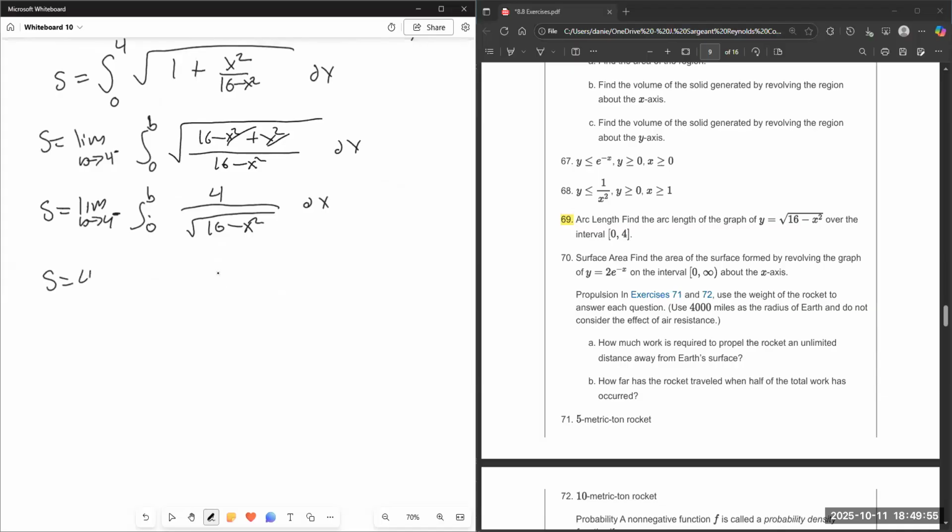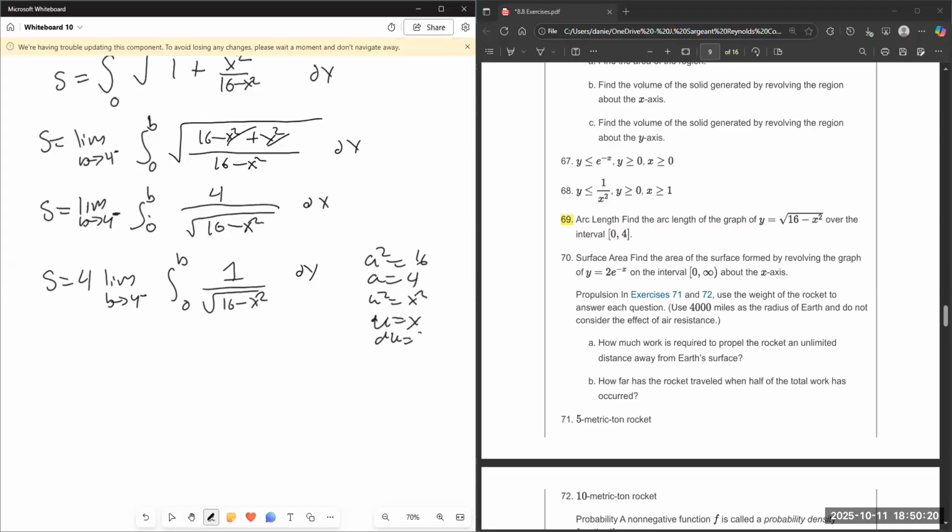S is equal to 4, limit b goes to 4 from the left of 0 to b, 1 dx over root 16 minus x squared. A squared is equal to 16, a is equal to 4, u squared is equal to x squared, u is equal to x, du is equal to dx. So this is an arc sine situation.